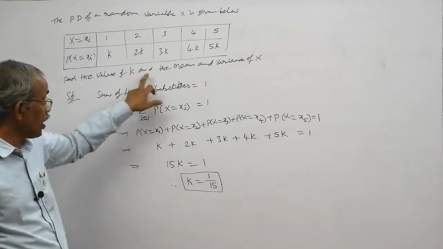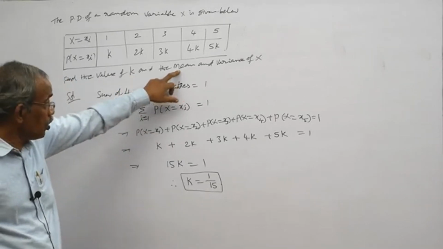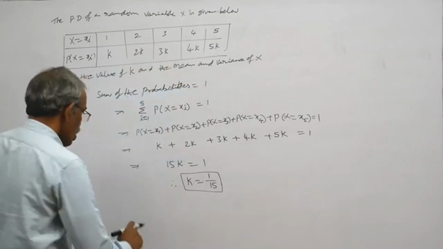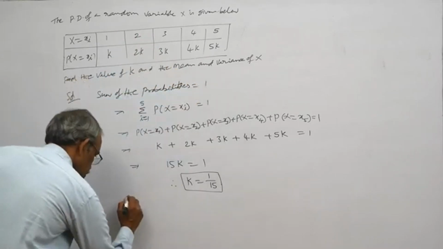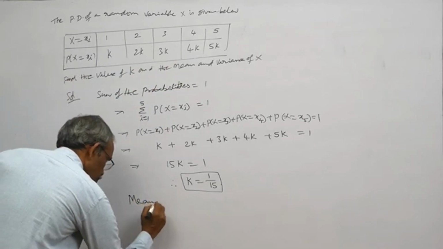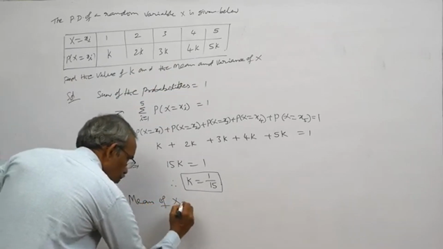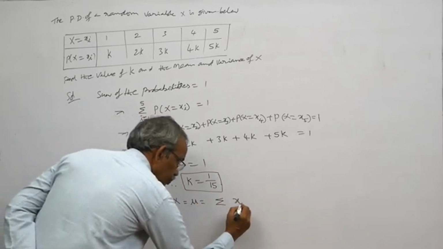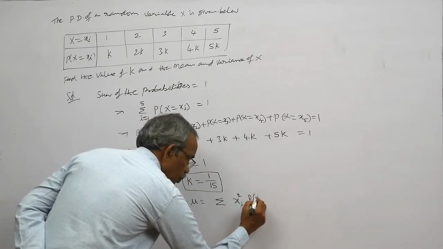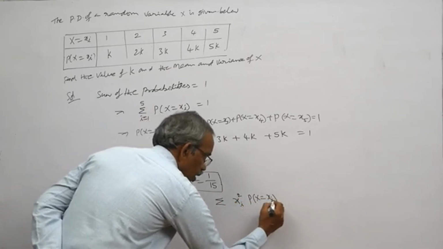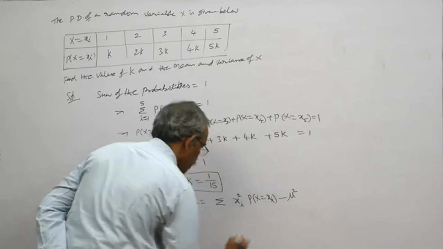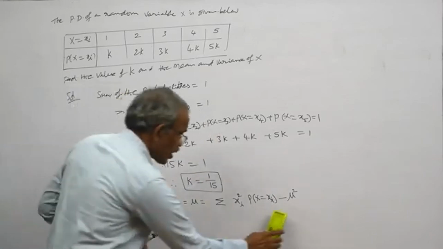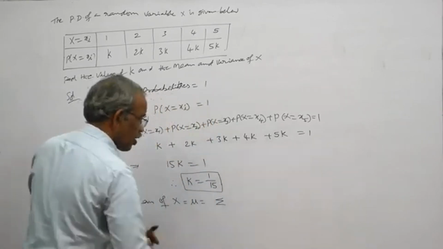After finding the value of k, now we have to find the mean of the random variable x. Mean of x, we know that mean of x is equal to sigma xi into probability of x equal to xi.